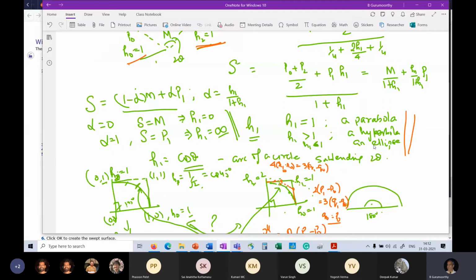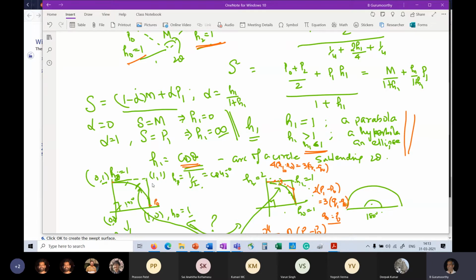Right? I admit that we have not proved it because it is beyond the scope of this class, but that's a fact. And since a circle is a special form of the ellipse, you know that there will be one particular value of h1 less than 1, which will give us a circle, and indeed it is. So if I'm looking at an h1 value of cos theta, it will give me an arc of a circle that subtends an angle of theta at the center. Okay, so if I take this figure, imagine I name it the same way that we have named it there.